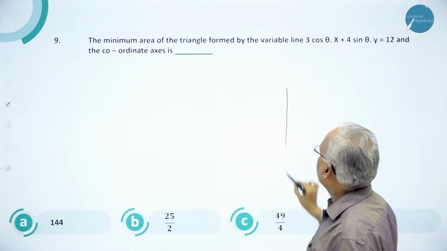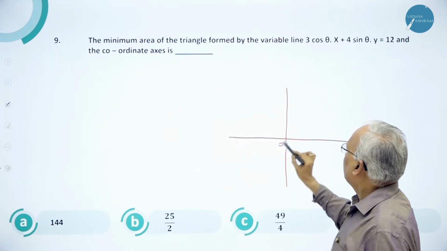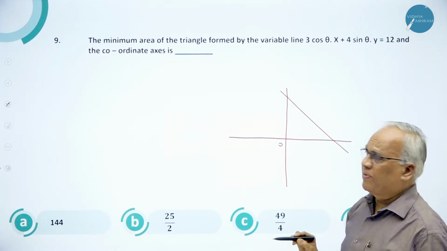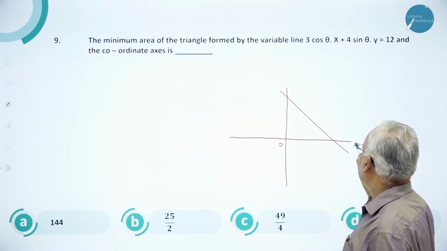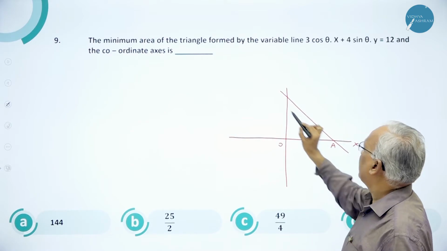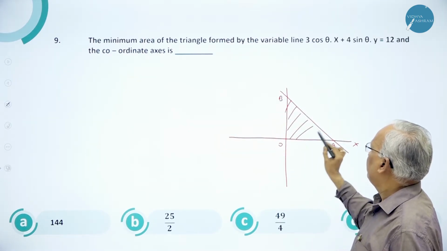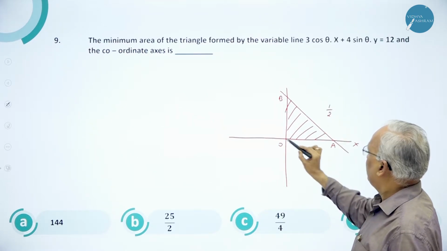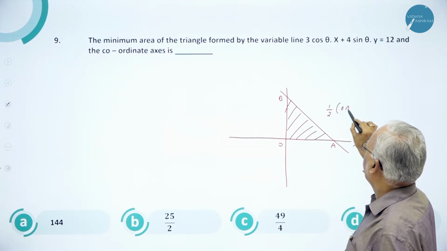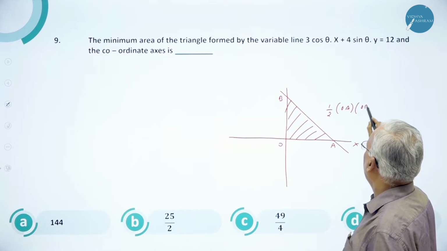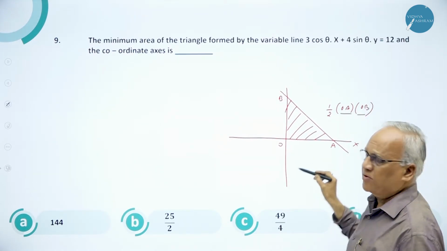See, if you consider a line, the area of a triangle formed by the line with the coordinate axis, it is assumed it cuts x-axis at A and y-axis at B. So this is the area, which is nothing but half into x-intercept, that is OA, into y-intercept, that is OB. So x-intercept, y-intercept you have to find out.